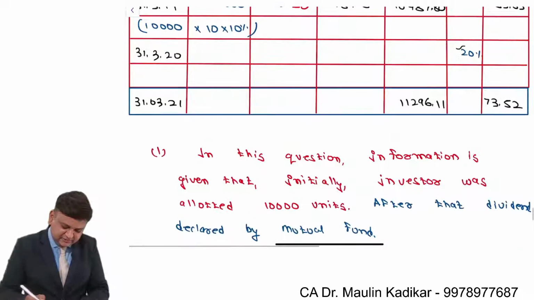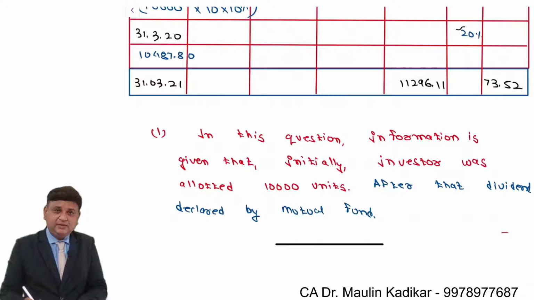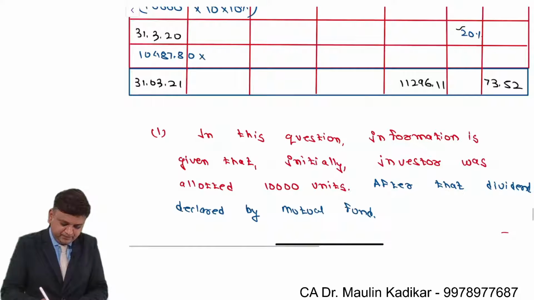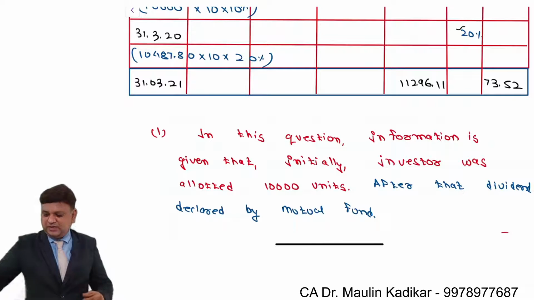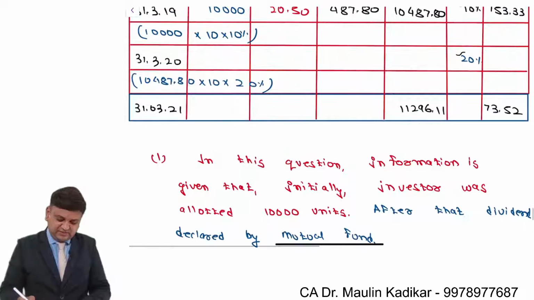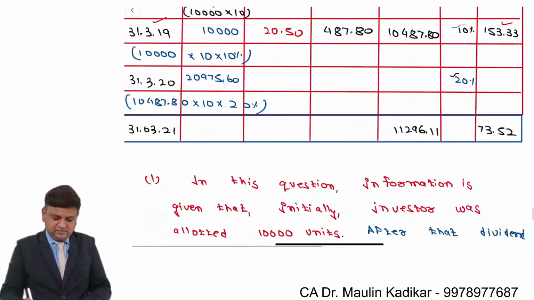The number of units that we are holding is 10,487.80, into 10, that is the face value, into 20 percent, meaning 2 rupees is the dividend you get. So that comes to 20,975.61, 20,975.60. That is the amount of the dividend.